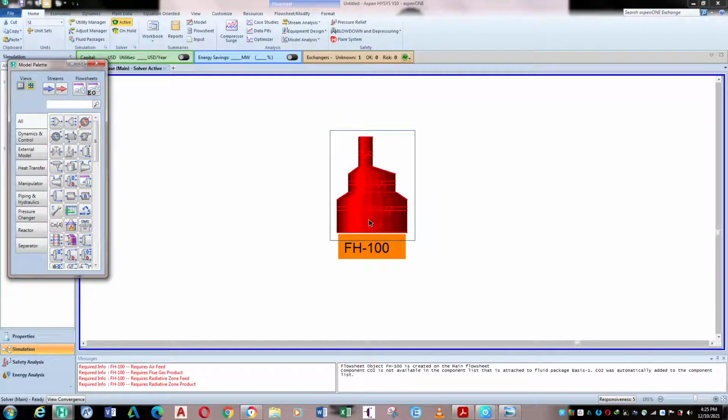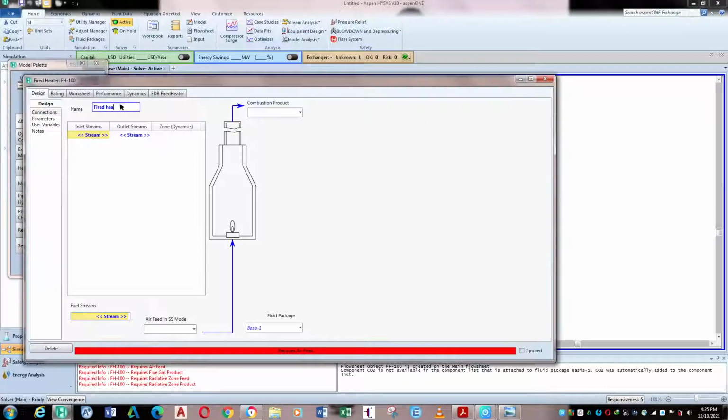Maybe I'm gonna label it fire heater. Okay, so the feed stream, I'm gonna label it feed. The outlet stream, I'm just gonna label it outlet.